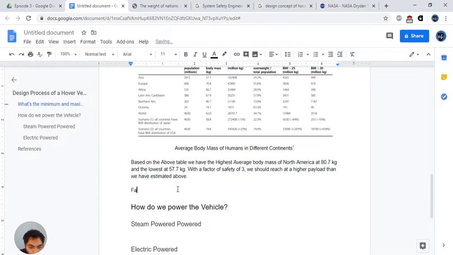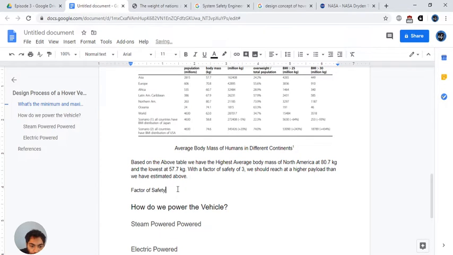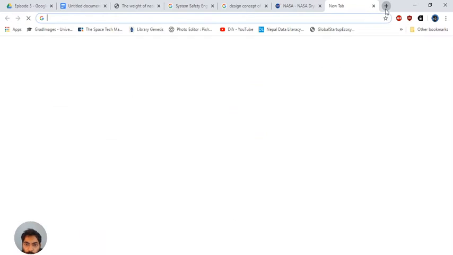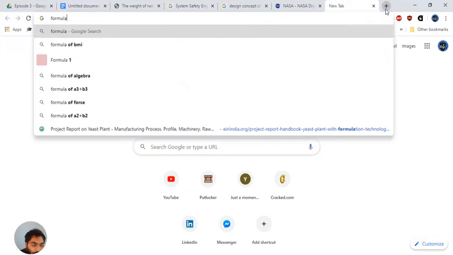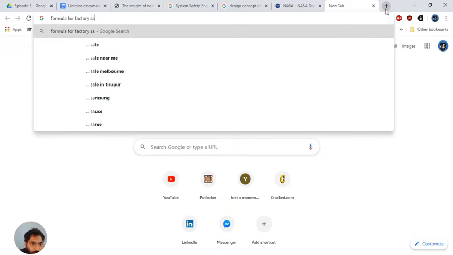So we have factor of safety. The thing about it is you have to do a literature review every time. I know the formula for factor of safety, but I have to give credit and I can't just pull it out of thin air.